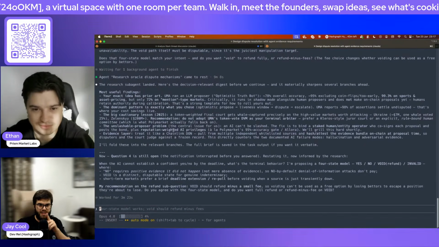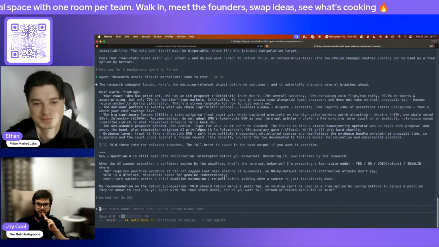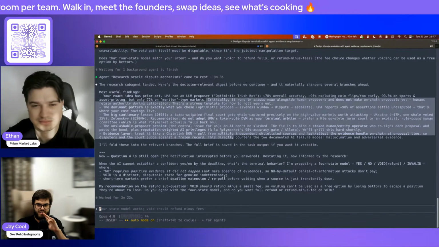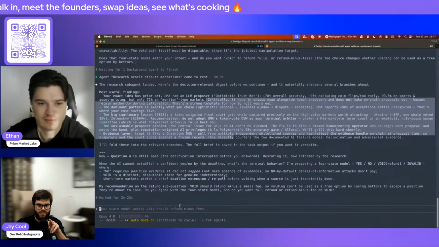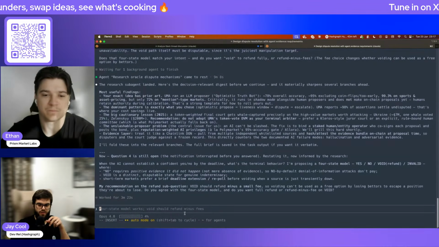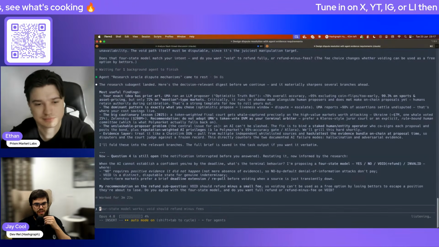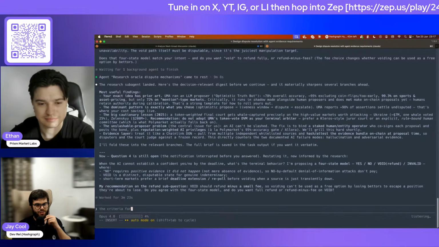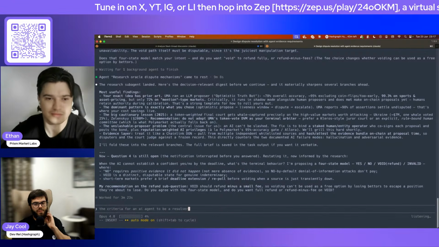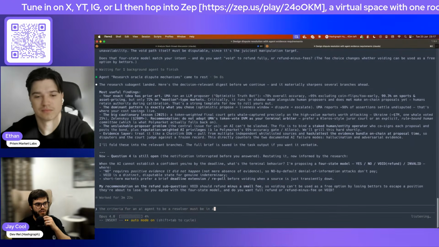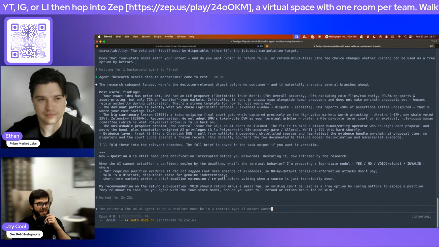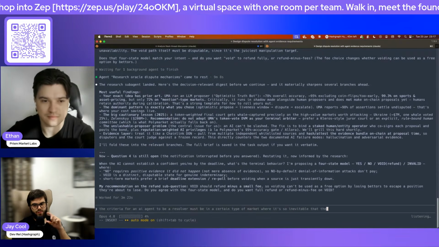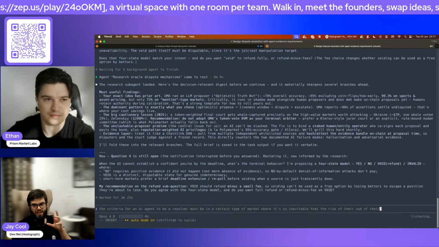But anyway, let's go quick one over here. I'm not going to go into too much detail on that. On the terms of this one, let's give it the answer. The criteria for an AI agent to be a resolver must be in a certain type of market where it's so inevitable that the risk of there being a failure is really low.